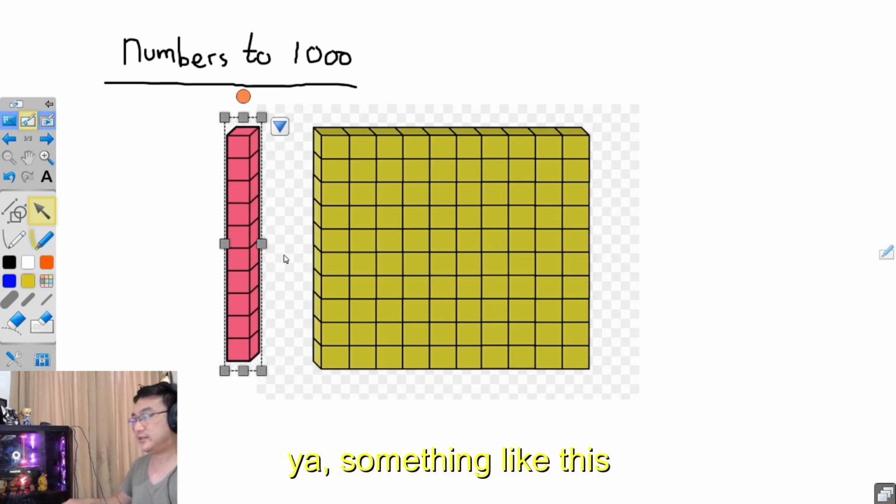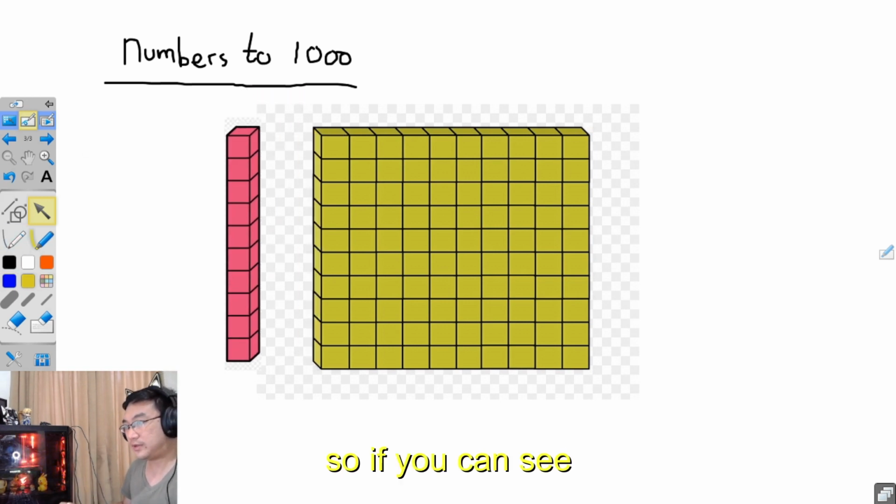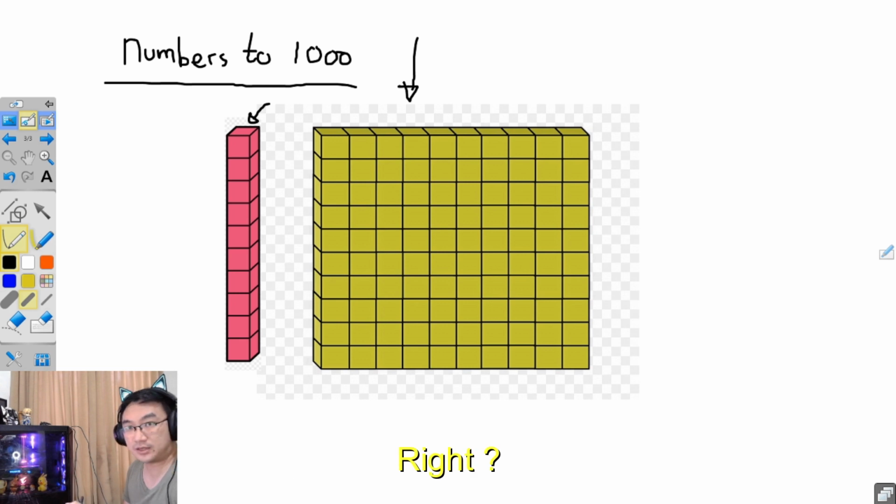Yeah, something like this. So if you can see, in this part, I have these stacked up together to make a shape like this, right?